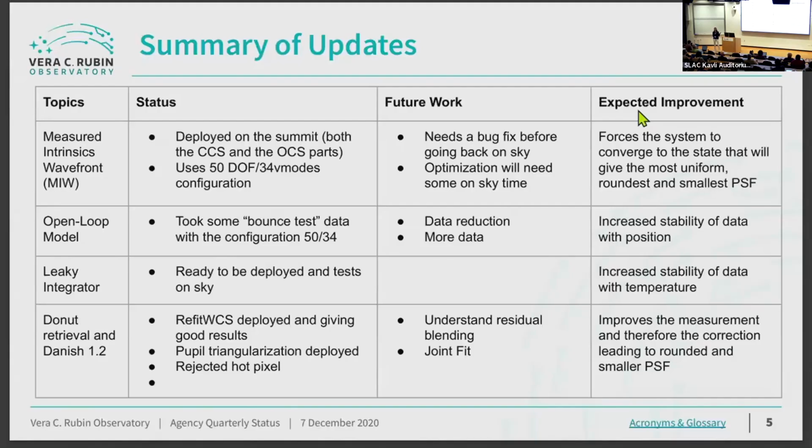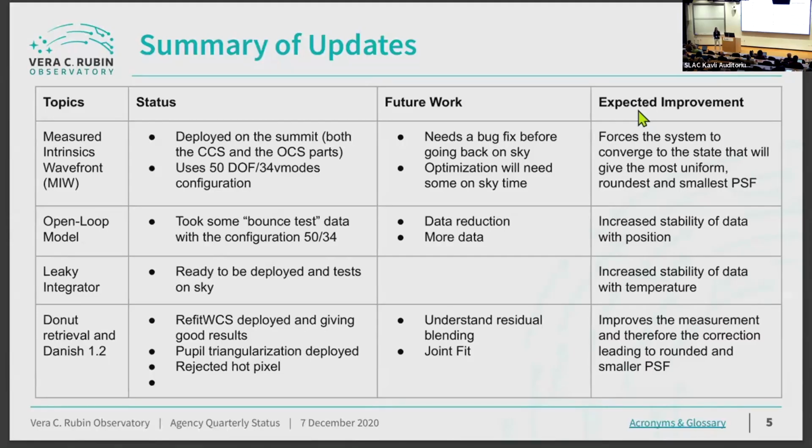And so we know that when you want to observe a deep drilling field at 20-degree elevation, it's really difficult because our open loop model is not robust at that place. So in parallel we've been doing what we call bounce tests, where we take measurements at two different elevations and different rotations, and then optimize that open loop model. So then eventually we'll be able to go to 20 degrees and have a good PSF right away without closing the loop.